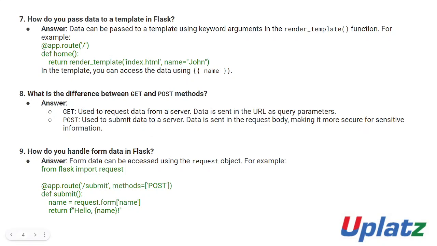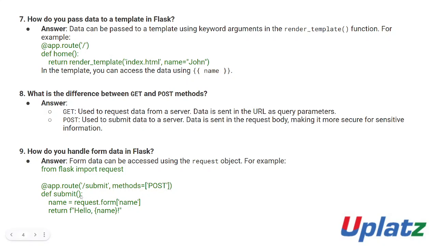9. How do you handle form data in Flask? Answer. Form data can be accessed using the request object. For example, from flask import request. Then @app.route('/submit', methods=['POST']).